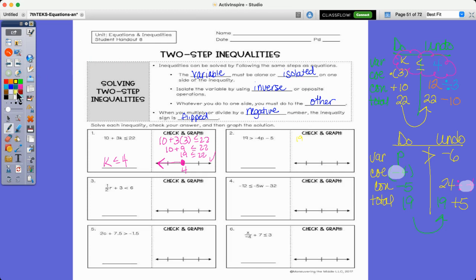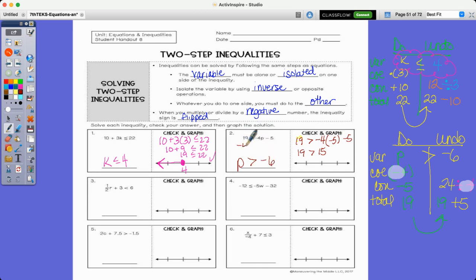19, oh, can't see that far. Sorry, guys. 19 is greater than negative 4 times. It's got to be bigger than negative 6, so let's do negative 5. Negative 4 times negative 5 is 20, minus 5. 19 is greater than 15. Is that true? Yes, I graphed it right. So p is greater than negative 6.